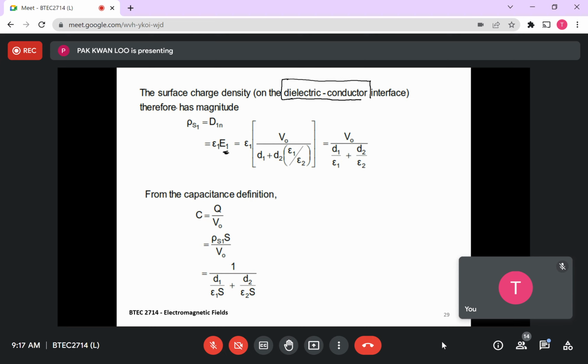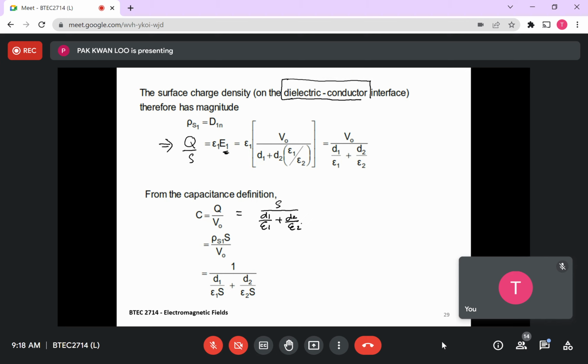So I can say Q over area, or S. From this, we can see that the capacitance is equal to Q divided by V naught, and Q divided by V naught is actually S over D1 over epsilon 1 plus D2 over epsilon 2.